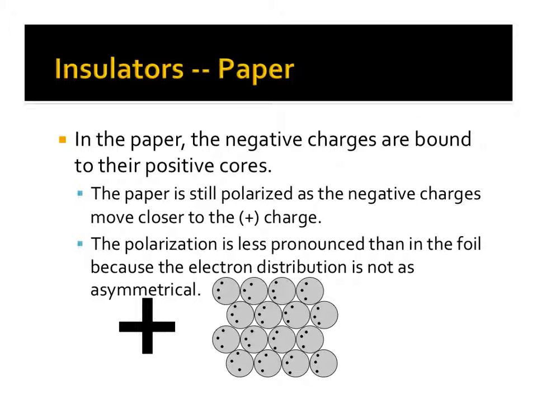When we have an insulator, for example the paper, we see that their cores hold on to those charges a little bit tighter. So the electrons are allowed to get close to this positive charge, and they line up in the atom, but they're still stuck there. The way I like to think about this is the conductors are like those wild, loosey-goosey parents who allow their kids to go wherever they want, or for the atoms, their electrons, to go wherever.